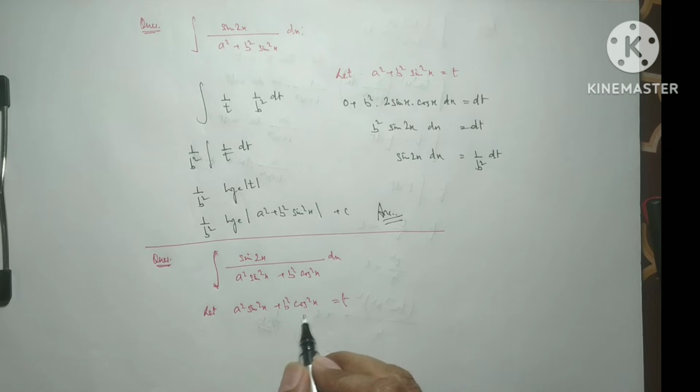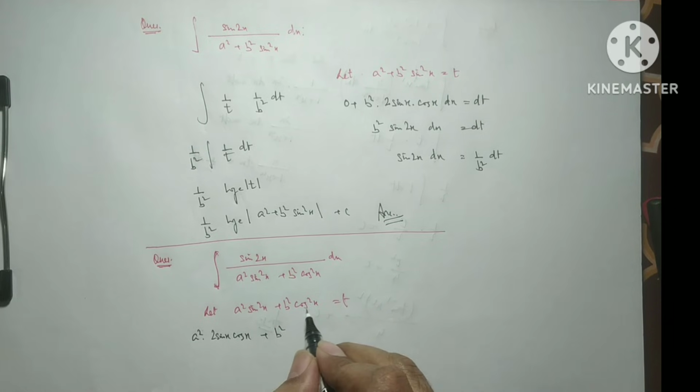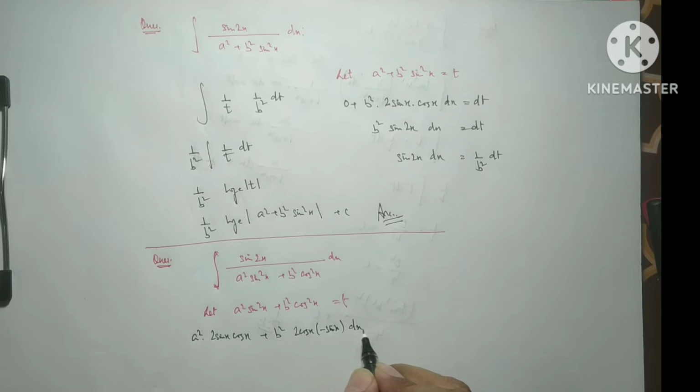On differentiation of this expression we get a square, and the differentiation of sin square x is 2 sin x cos x, and b square, and the differentiation of cos square x is 2 cos x into minus sin x, dx and dt. So it is sin 2x and this is minus sin 2x.